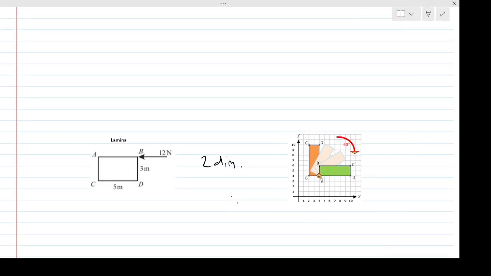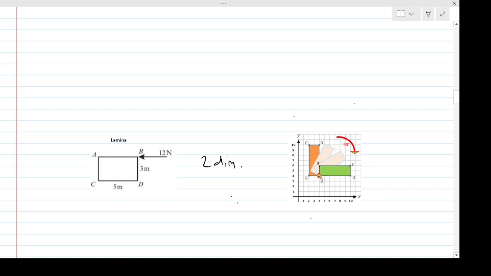With a lamina, in year 2 we'll be looking through the lens of this idea of moments, which is basically how we can, with a force, turn the rectangle. I've included this diagram here. If we have the force here, 12 newtons, but it doesn't matter, it's just a force.